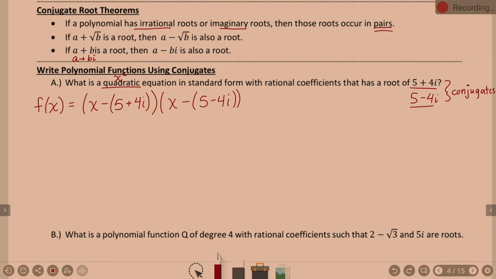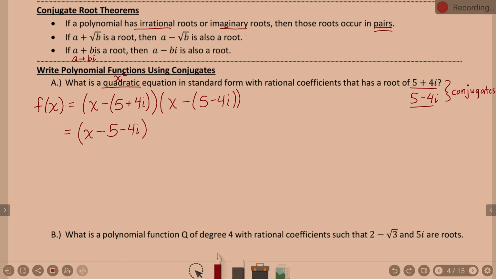If we clean those up a little bit, so we don't have parentheses within parentheses, what is x minus the quantity 5 plus 4i? If I remove those inner parentheses, what am I writing? X minus 5 and minus 4i. Because what is this minus sign out front doing?